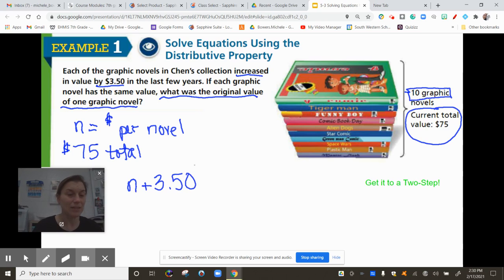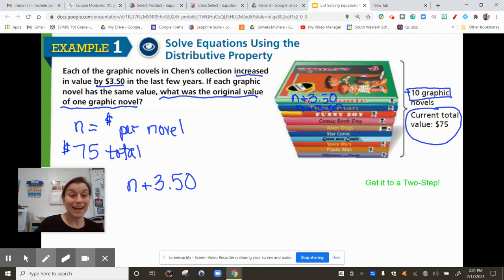Increase means it's gotten more expensive. That would be how much each one has increased. So that means the value of this top novel here is N plus $3.50. The next one, Tiger Man, is what it was, which is N plus $3.50 more. And I could do that with all of them.